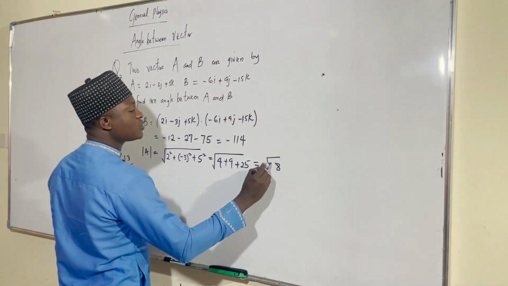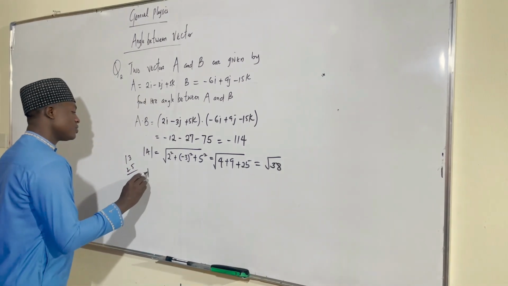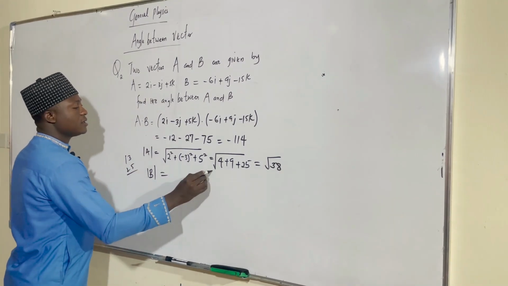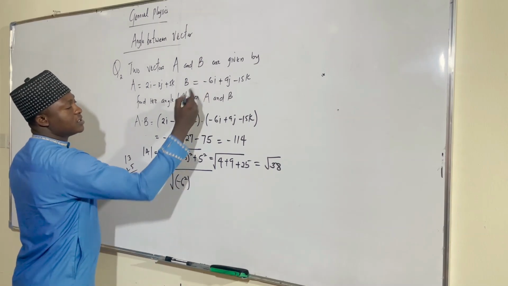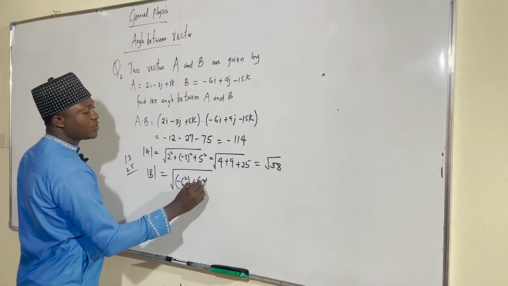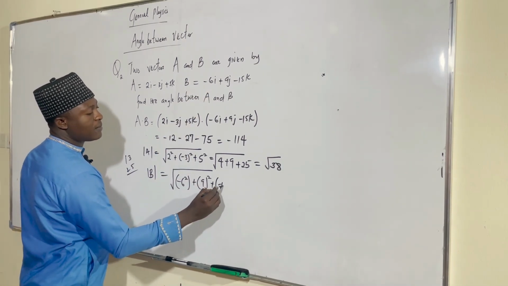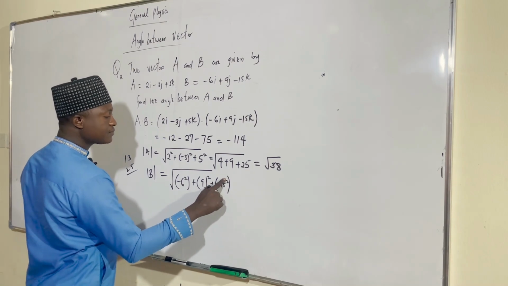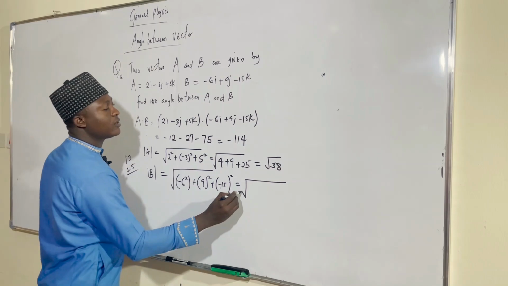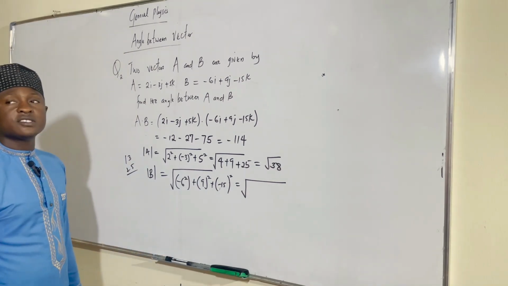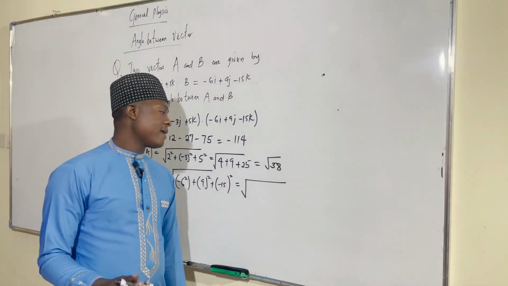Now, for the second one, let's go for B also. For B, we have minus 6 squared, the first one. The second number, 9 squared, and the third number, we have minus 15 squared, right? So don't be confused about the negative, because by the time you square the numbers, minus times minus will definitely become positive.